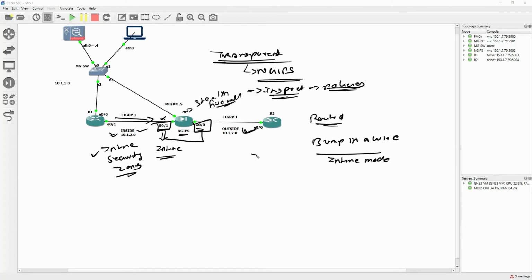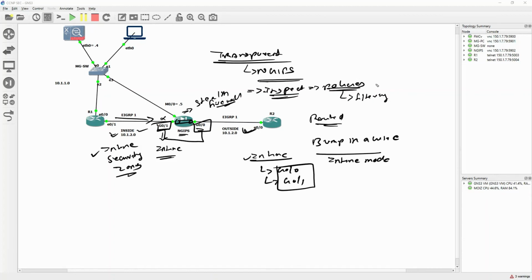I have to group them in an inline set, saying that G0/0 and G0/1 belong to one group. Once I create this group, a bridge will be created between these two interfaces. Now the traffic will be able to pass, but you will be filtering the traffic.